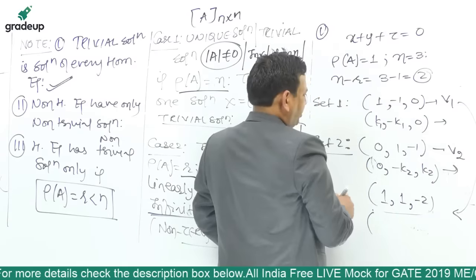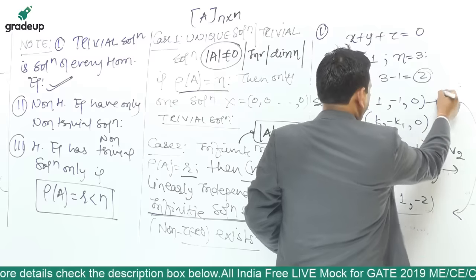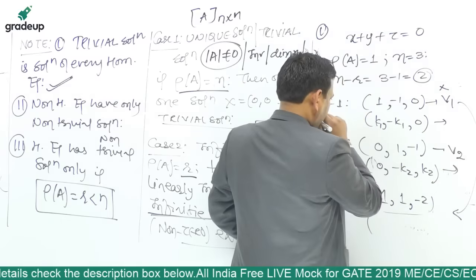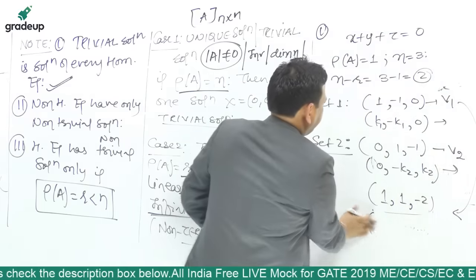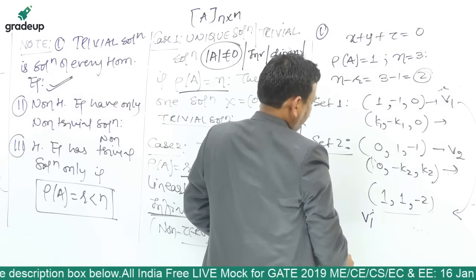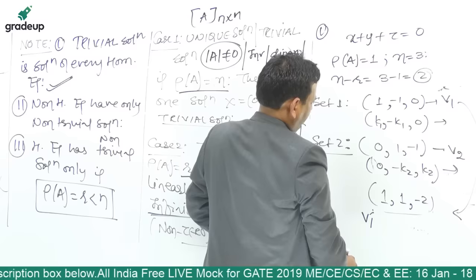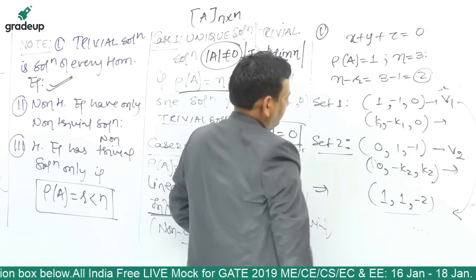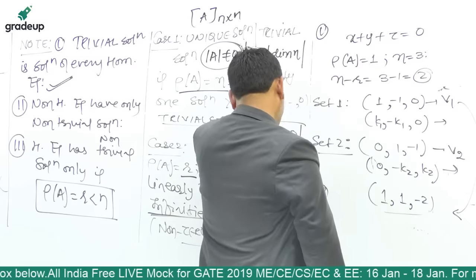So what you should do is multiply this by V1, or we have to make this.